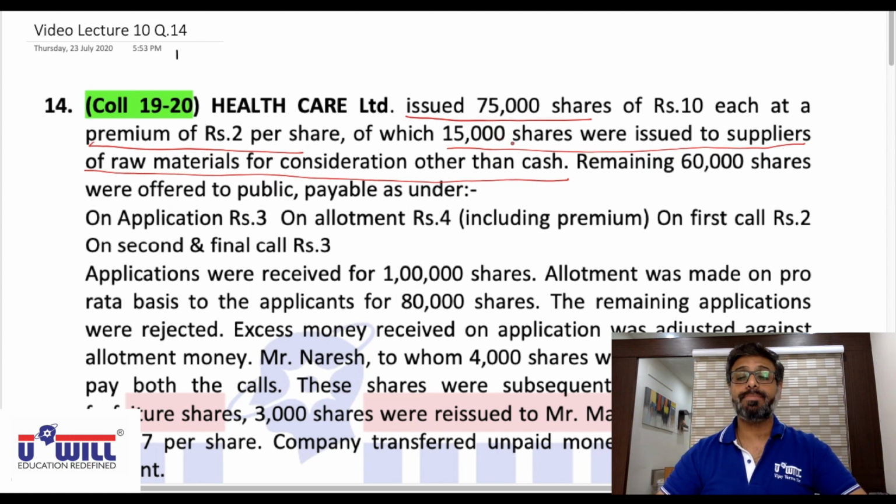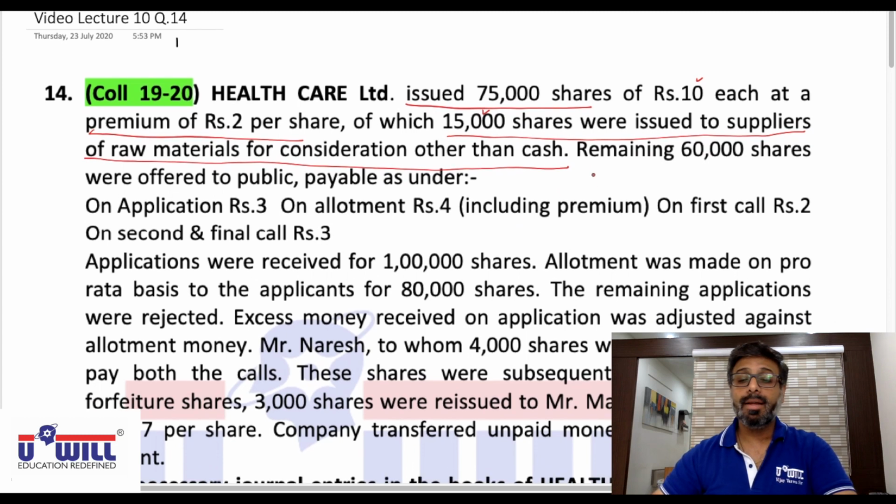I repeat it, raw materials are goods for a company. For a manufacturing company, raw materials are goods. So goods comes in, debit what comes in, purchase account debit, shares goes out, credit what goes out to equity share capital account directly with 15,000 into 10, 1,50,000.